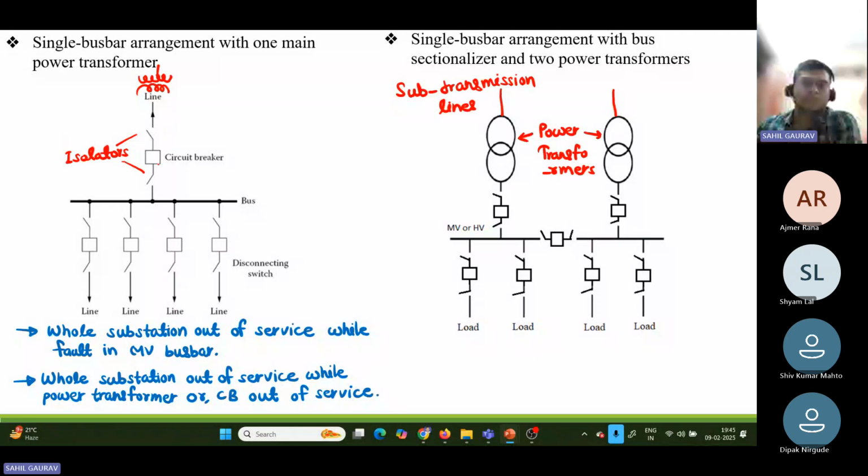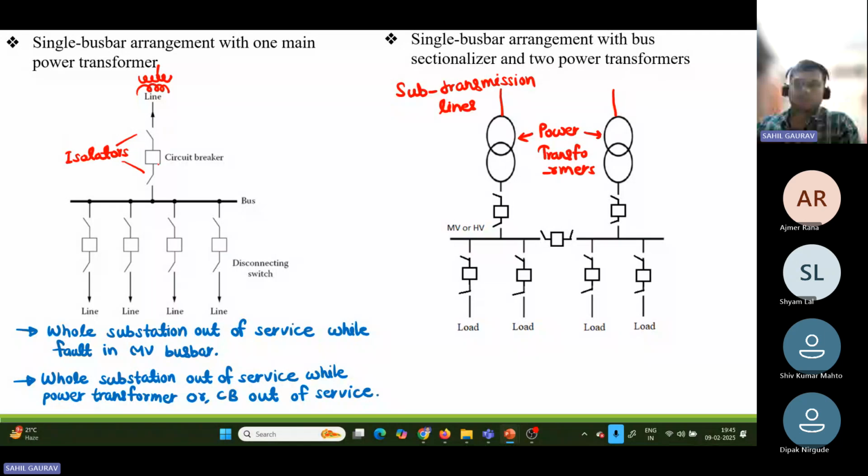This middle one is the bus sectionalizer.